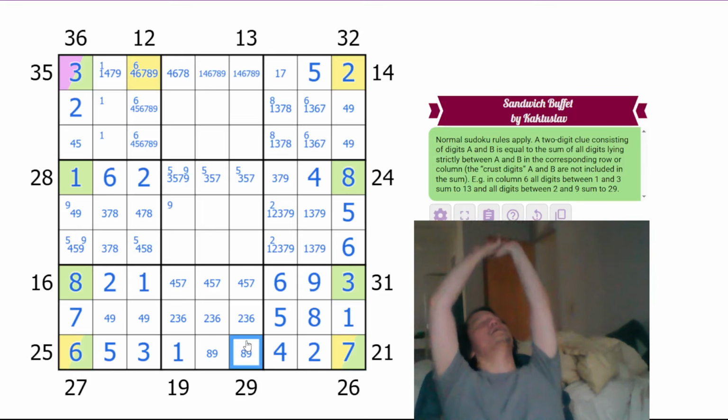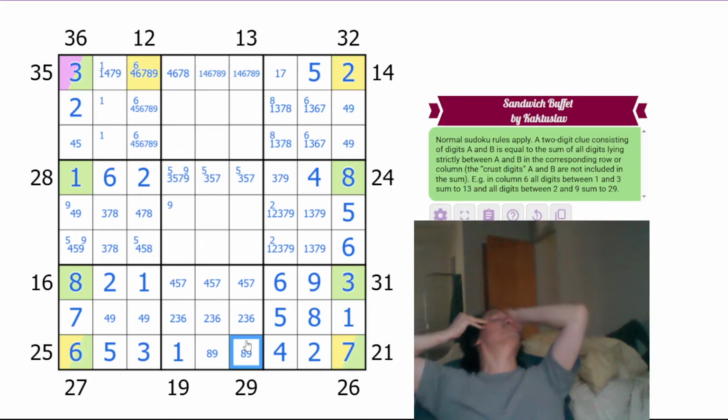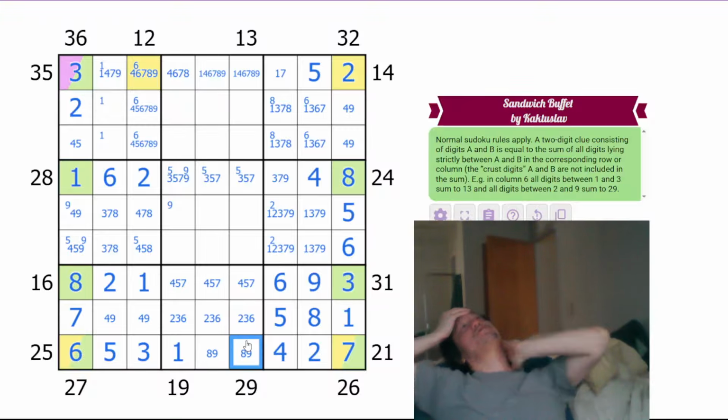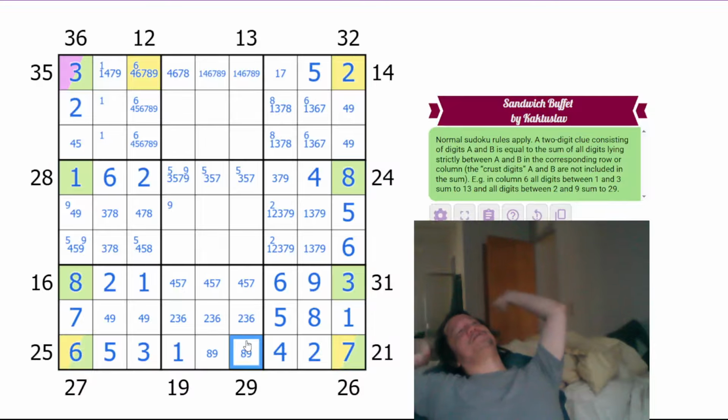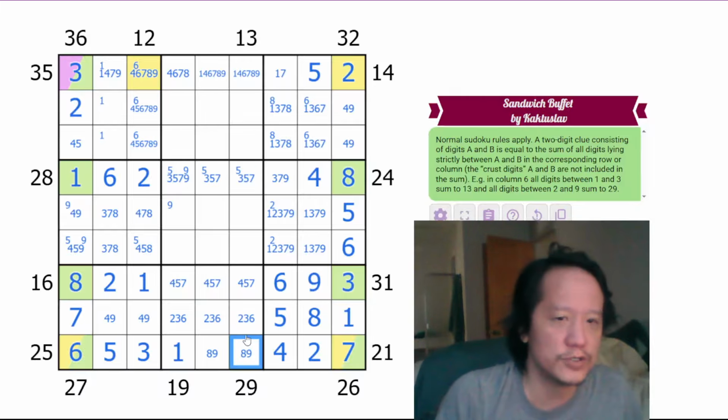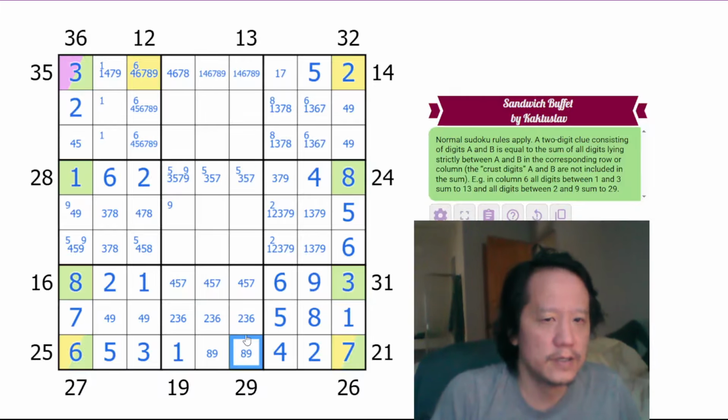29. 2 and 9 are not between the 29, obviously. That's 11. 45 minus 11 is 34. That leaves 5 at most outside of the 2 and 9.